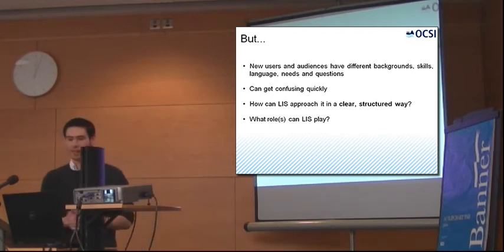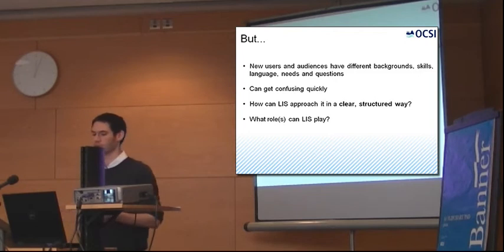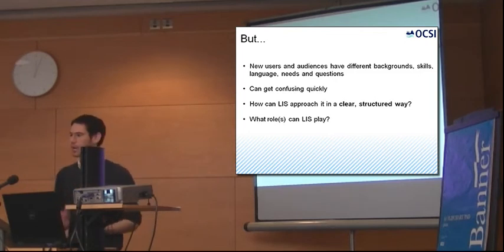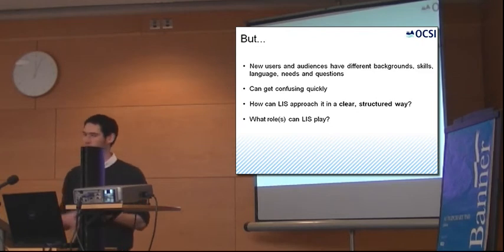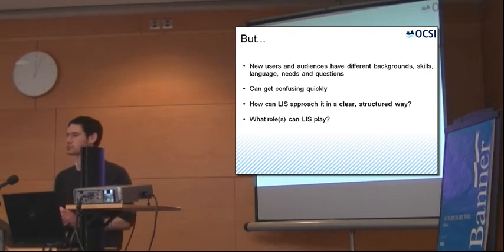But with this, it can get quite confusing quite quickly. As we've already heard this morning, there's a lot of different users, all with their own different needs, backgrounds, questions, even different language. They have to be handheld in terms of working out what they're actually after and what they can understand.